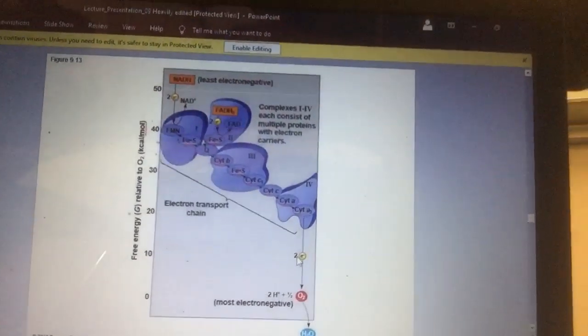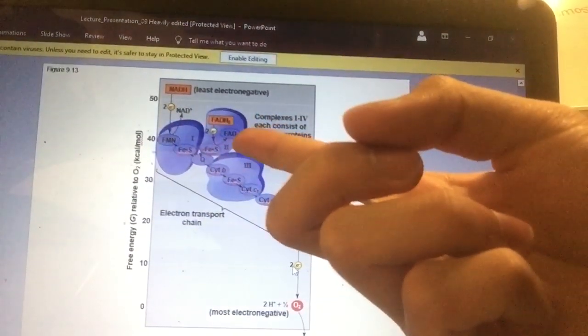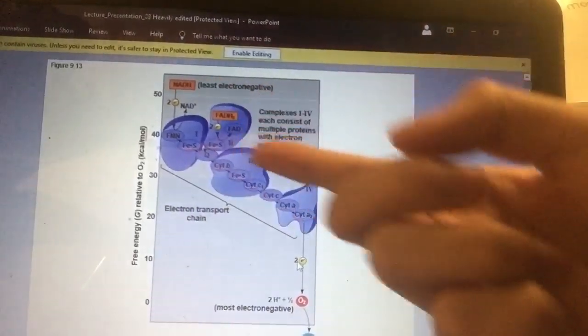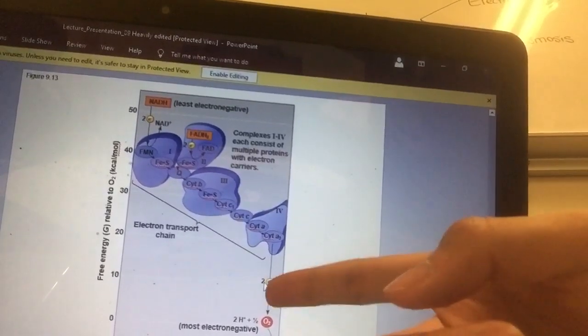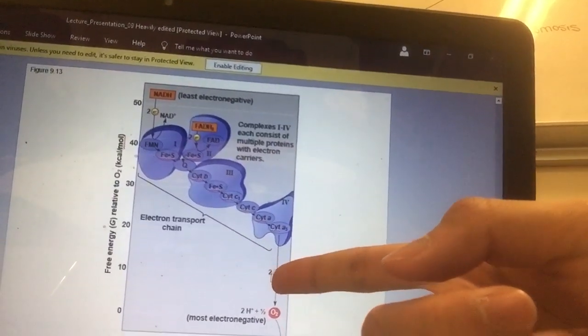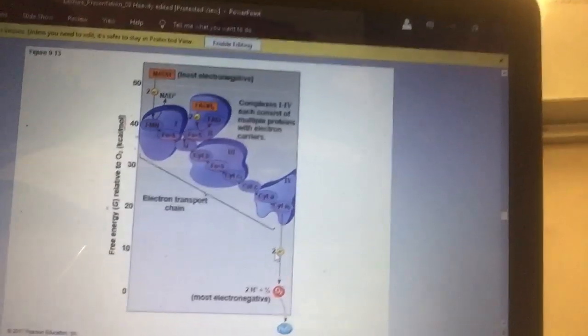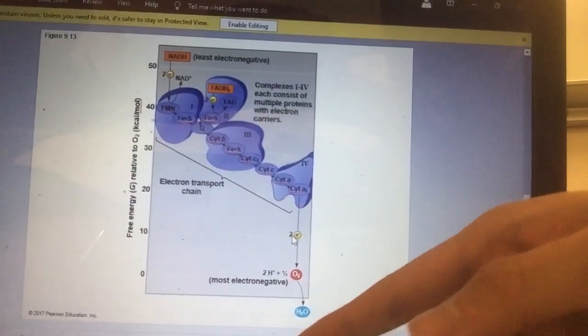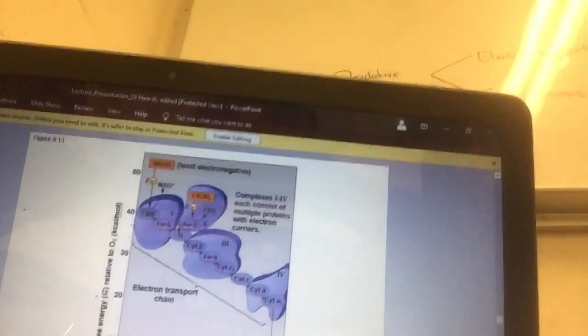NADH is right here at complex 1, and then FADH2 donates its electron at complex 2, and finally it releases the 2 electrons, and it's taken by oxygen, forming H2O. So that is the electron transport chain.